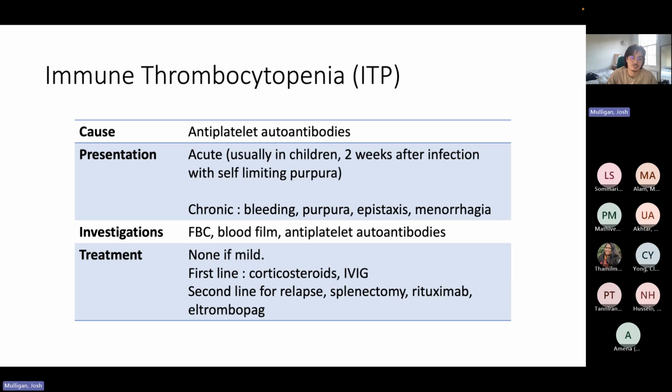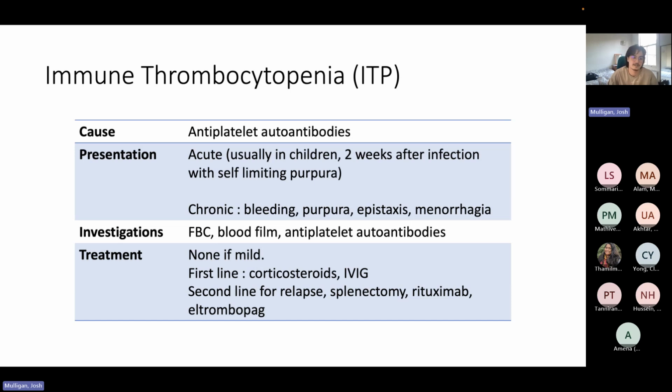In terms of investigations, with a lot of things, you always want a full blood count, really. You want to look at the blood film, and if you suspect it, you can test the autoantibodies against the platelets.